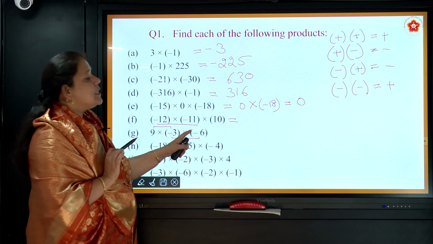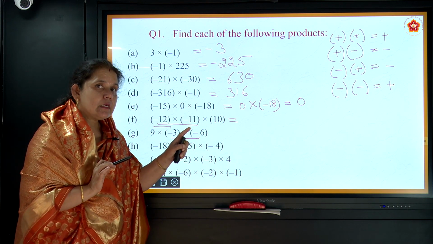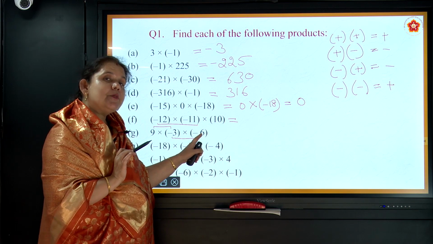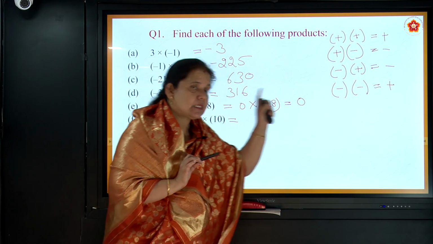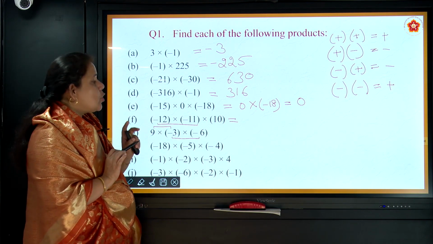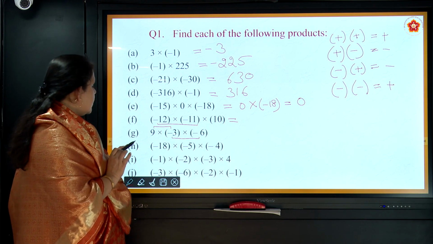And then minus 27 has to be multiplied by minus 6. So we will get the answer plus. Or you can just do minus 3 multiplied by minus 6, we will get plus 18. Minus and minus, plus answer will come. So plus 18 multiplied by 9. So answer is going to be positive in this case.